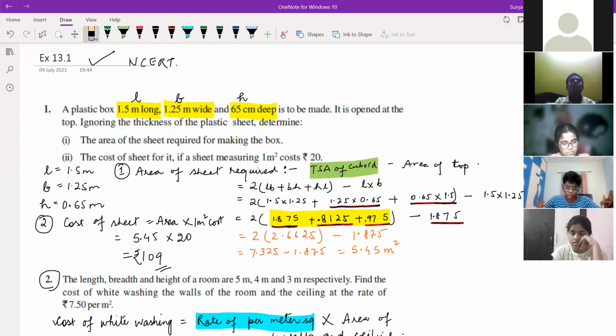Find the cost of whitewashing the walls of the room and ceiling at the rate of 7.50 per meter square. So what do we have to find here, Satvik? Area or volume? Sir, TSA minus the down part, the ground one, right? Yes, sir. You can do that.